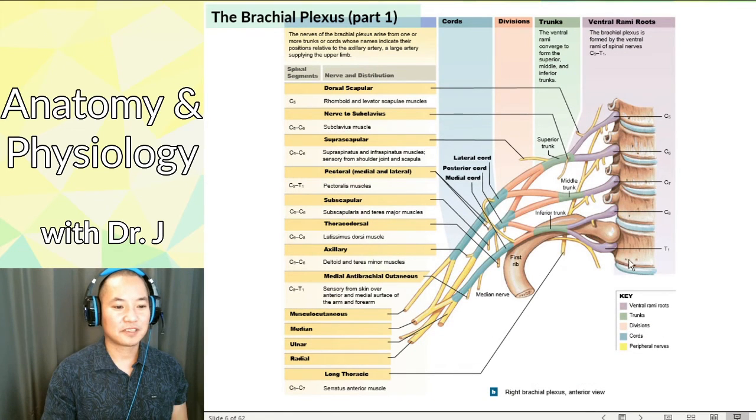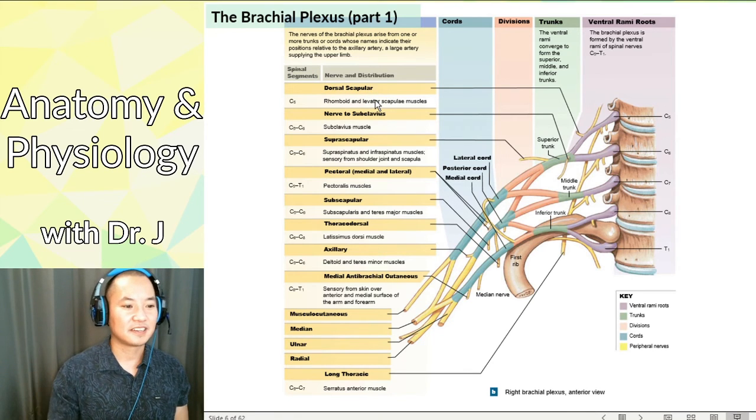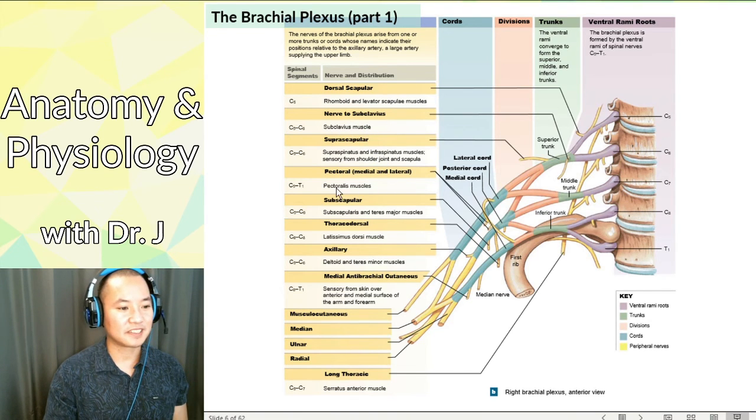And then the brachial plexus. Ooh, look at all of these. But look at the names: scapular, again your shoulder blade. Subclavius, below the clavicle. Suprascapular, scapula, your shoulder blades. Pectoral, subscapular, thoracodorsal, axillary, your armpit. And then musculocutaneous. Some of these don't tell you exactly that it's part of the arm. But things like ulnar and radial, well, that's part of your forearm, right?